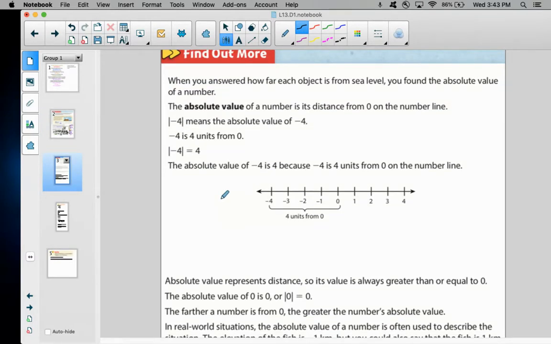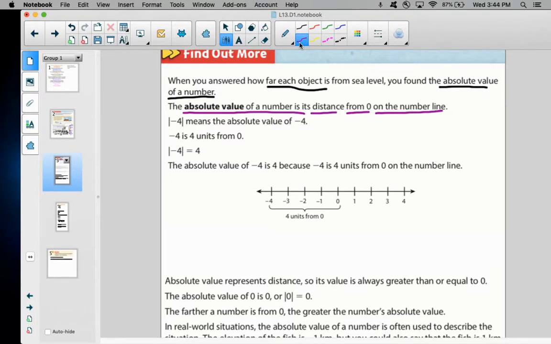And when we are answering how far an object is from sea level, we have found what's called the absolute value of a number. So here's my definition of my new vocabulary word. The absolute value of a number is its distance from 0 on the number line.